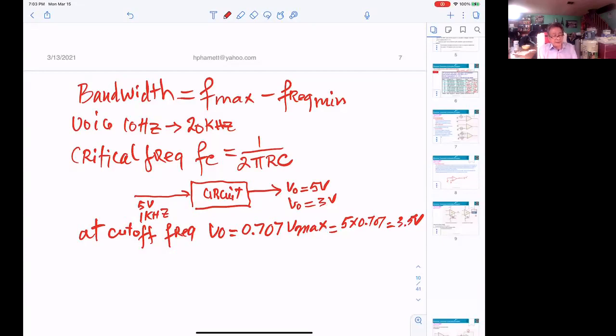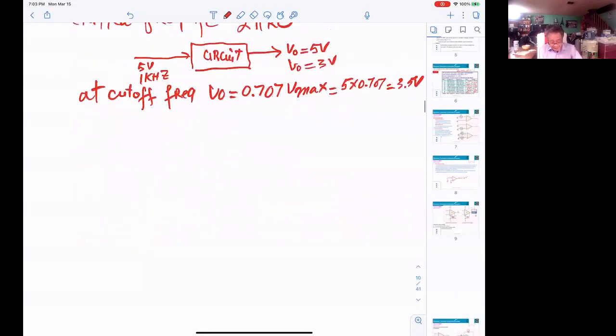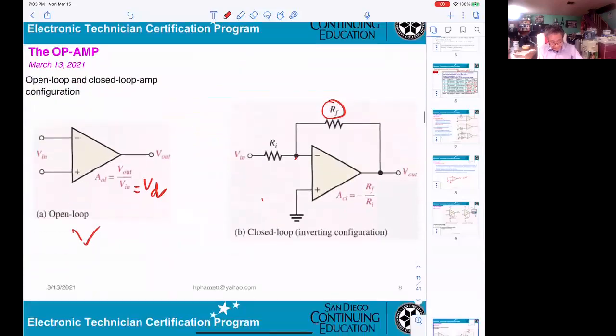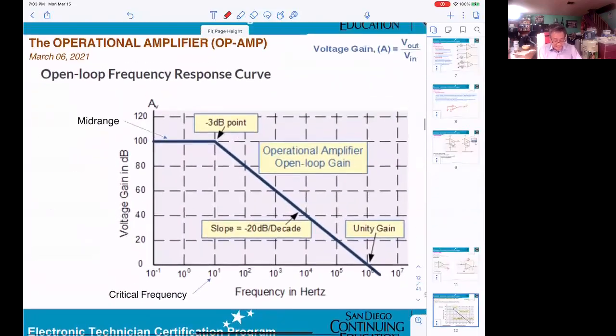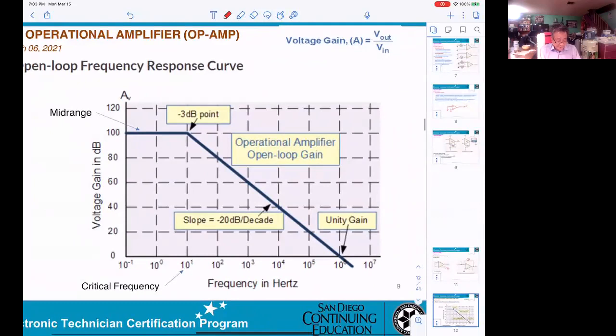If you go to a frequency higher than the cutoff, output keeps going down. After cutoff, they don't want any more voltage. So that's why you can see on this signal here, this is the gain versus frequency.